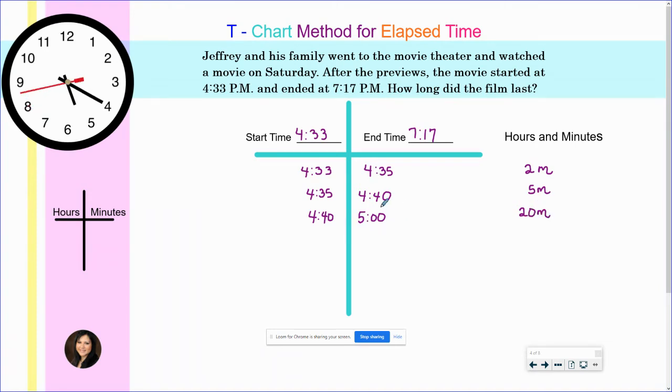I take my 5 o'clock, I put it on the left-hand side. Now I want to jump to 6 o'clock. So I'm going to record 1 hour.